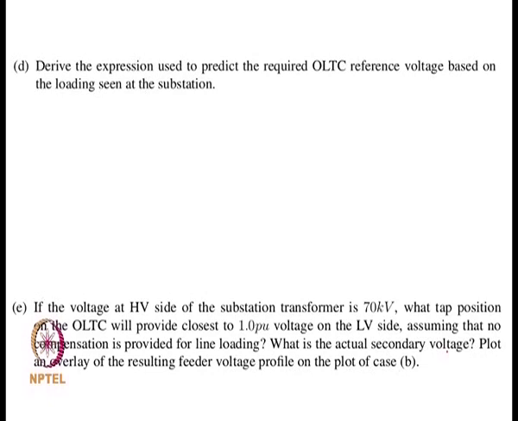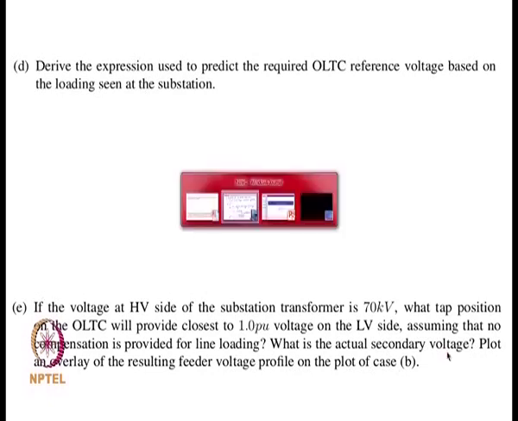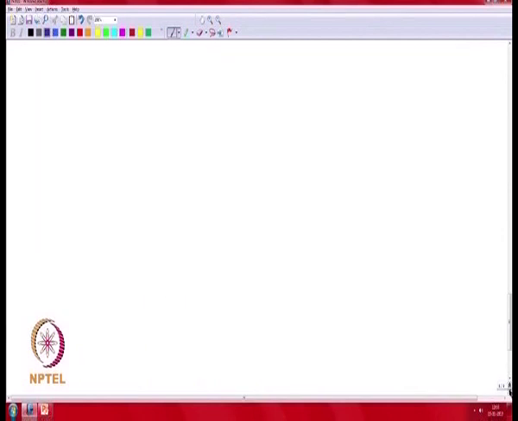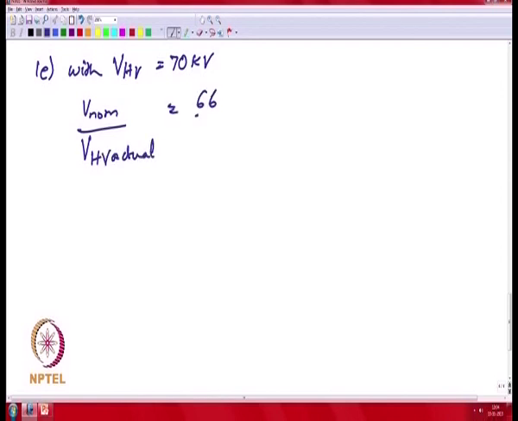So, your V norm by your V at your high voltage actual would be 66 divided by 70. So, this corresponds to 0.943 per unit. So, if your V actual was 66 kV, you would be at 1 per unit.